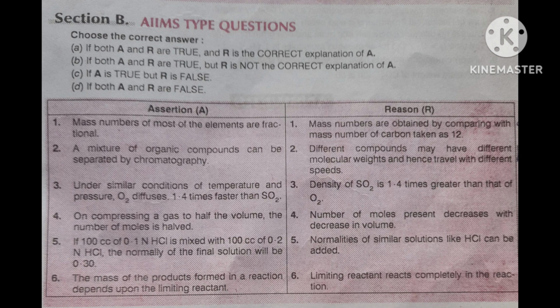Remember, N1V1 plus N2V2 is equal to N3V3. N1 is given for the first HCl, 0.1, volume is 100, plus the other HCl is 0.2 and volume is 100. That is equal to N3 into total volume, 200. Then N3 is equal to what? 0.1 into 100, that is 10, and 0.2 into 100, that is 20. Then 20 plus 10, 30.